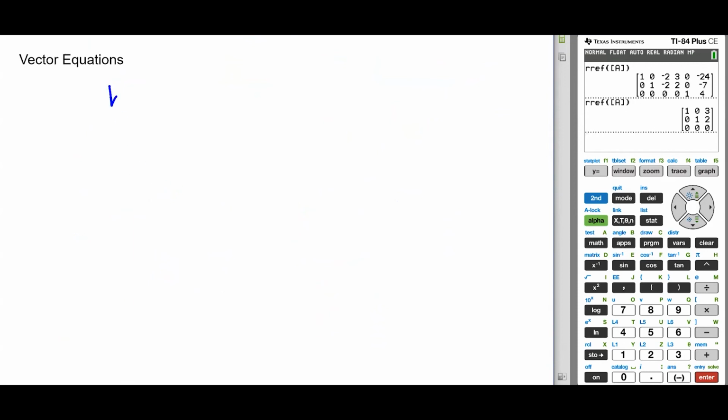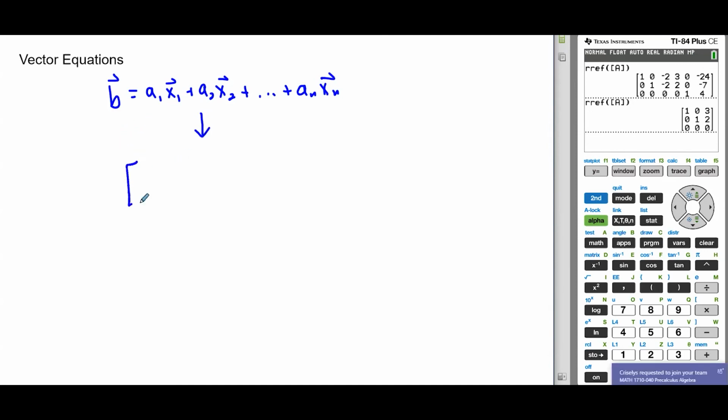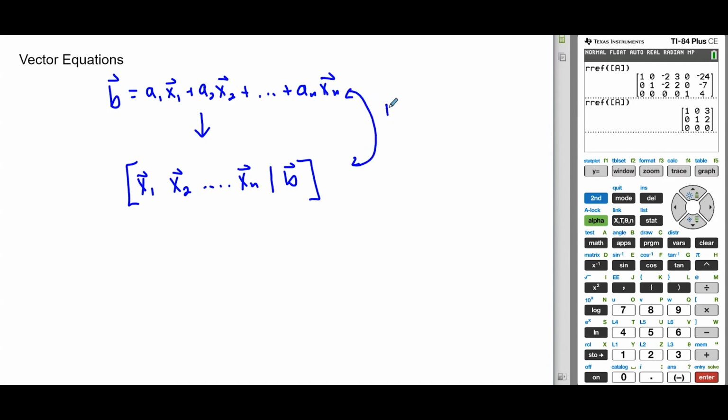If I say b is equal to a1 x1 plus a2 x2 plus a sub n, x sub n, if I were to put these into a matrix where the columns of my matrix are these vectors, augmented with the b vector, these two have the same solutions.